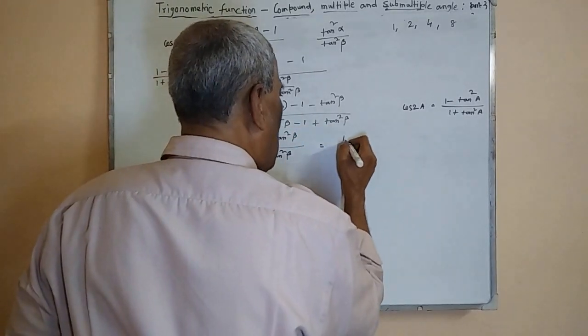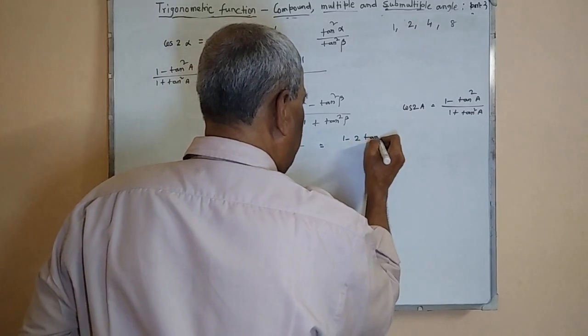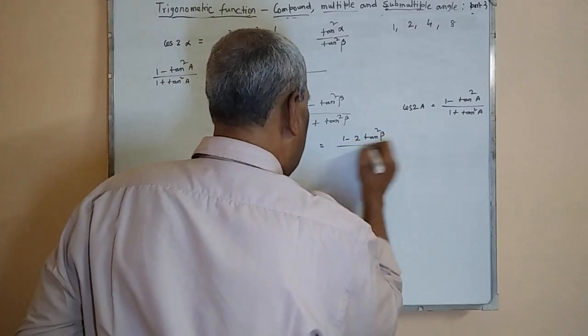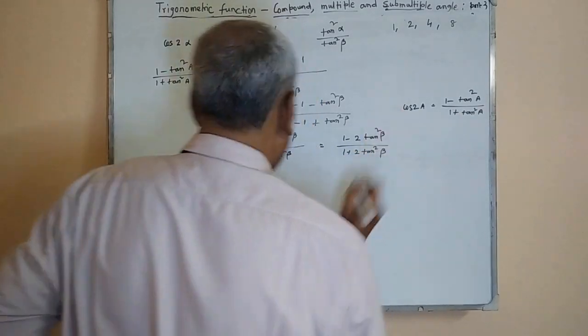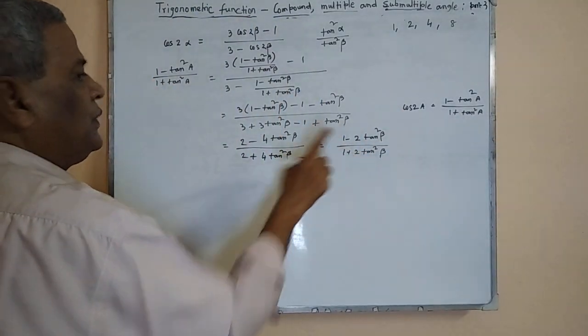Cancelling 2, it is 1 minus 2 tan square beta by 1 plus 2 tan square beta. So I get this is equal to that.